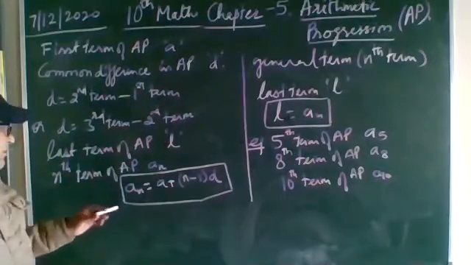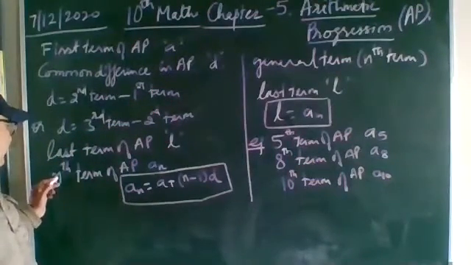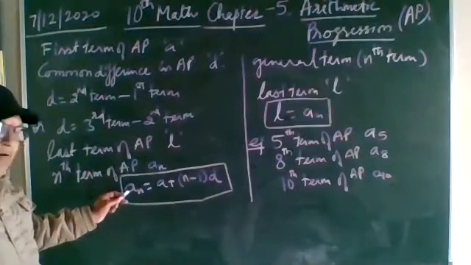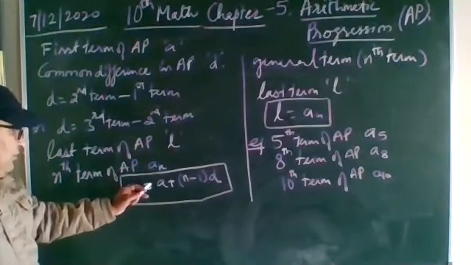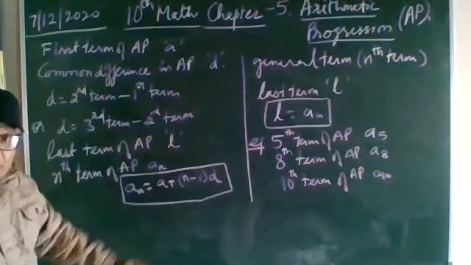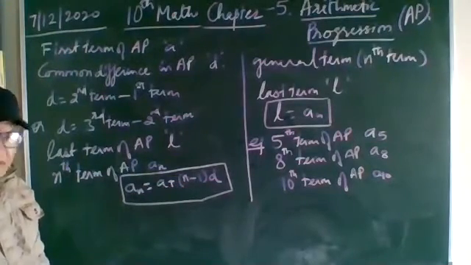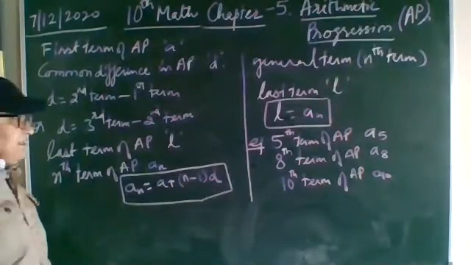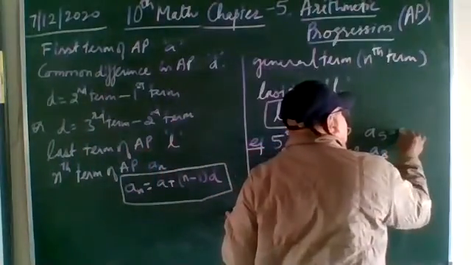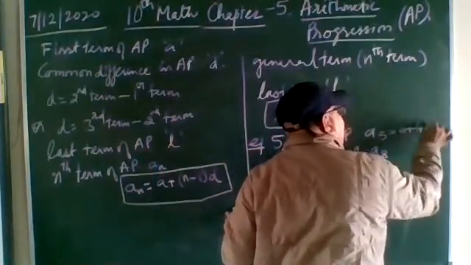If I ask you the fifth term of AP, you will write a_5, and a_5 will be equal to a plus, don't write 5 minus 1, directly write 4d. a_5 is a plus 4d.